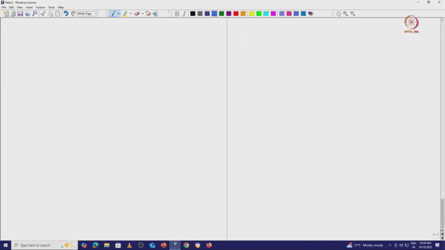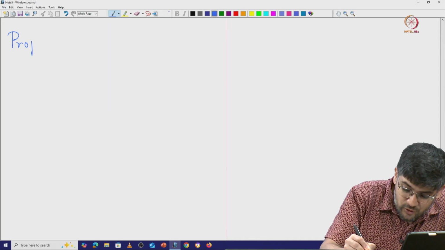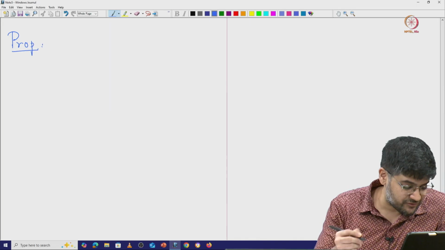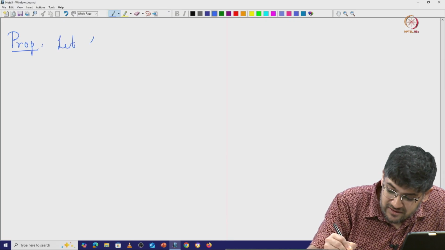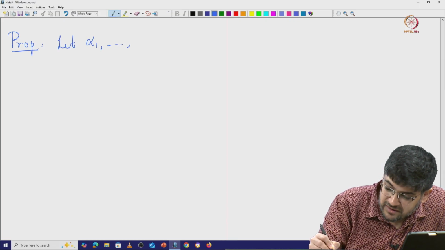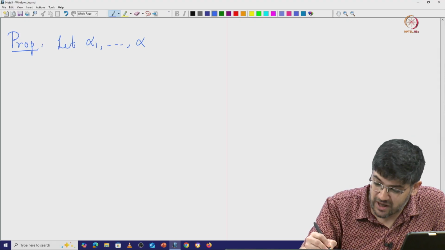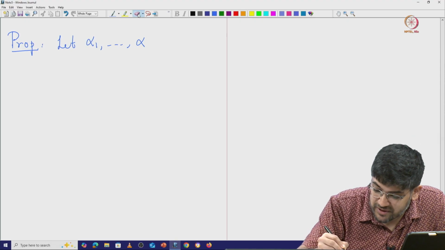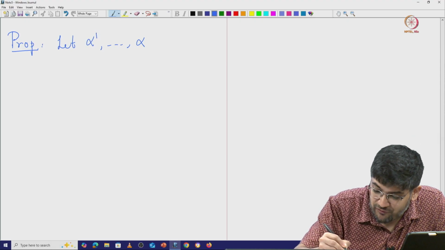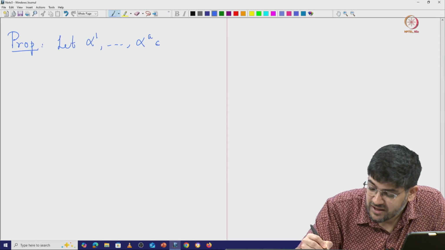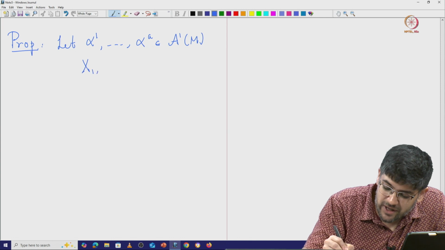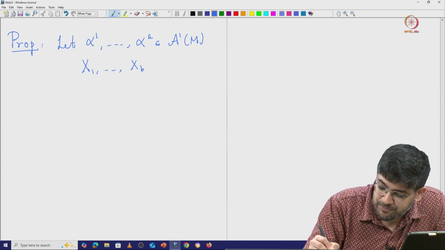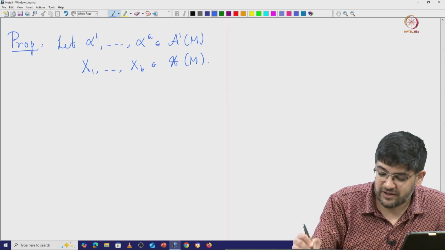The key proposition regarding tensors is the following. This is essentially the fundamental property of tensors. Let alpha 1 up to alpha A be some one forms, and let x1 up to xB be some vector fields.